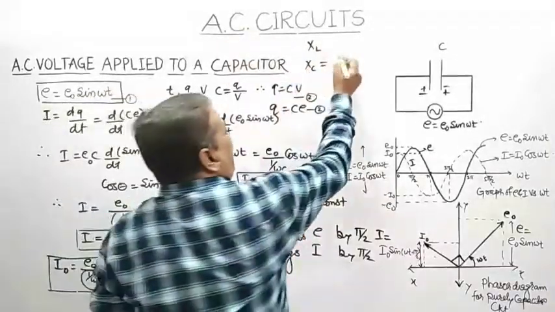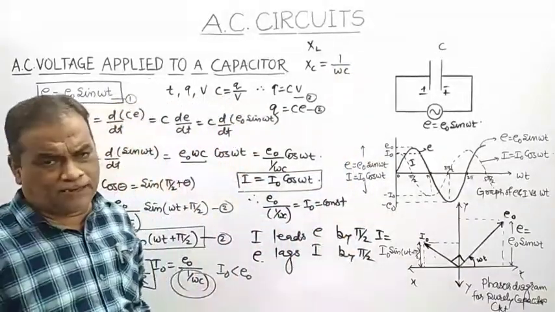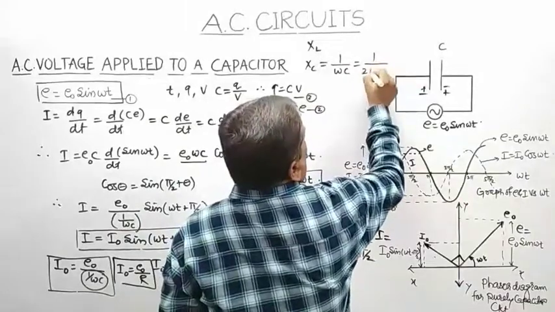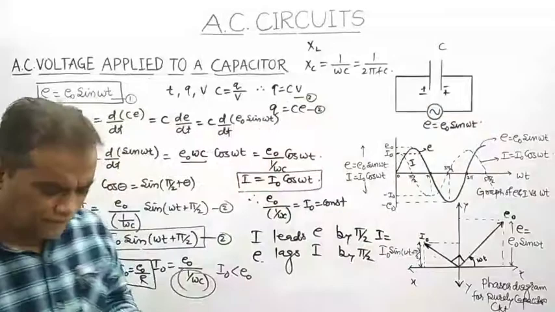So capacitive reactance is 1 by omega C, but omega is nothing but 2 pi f, so 1 upon 2 pi fC, where f is the frequency of AC.